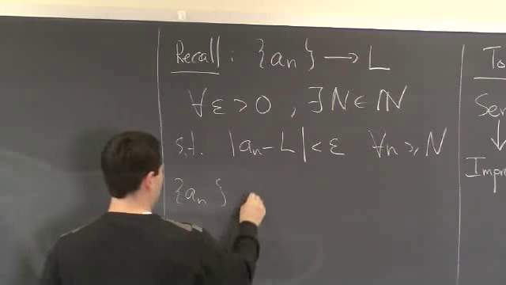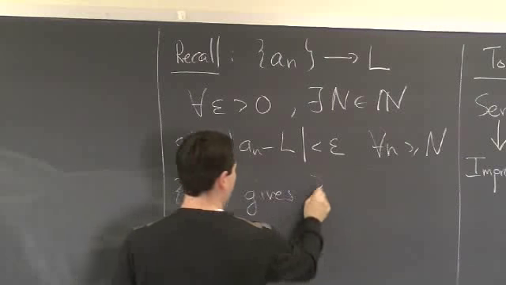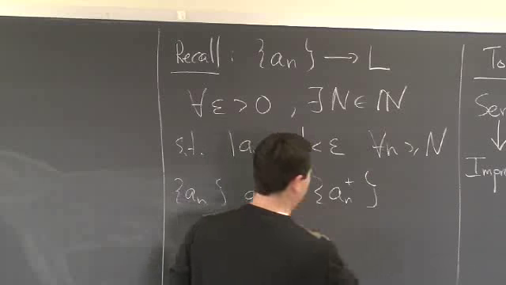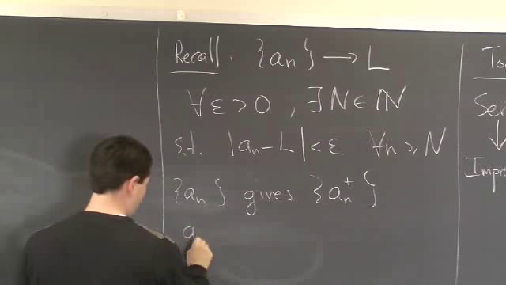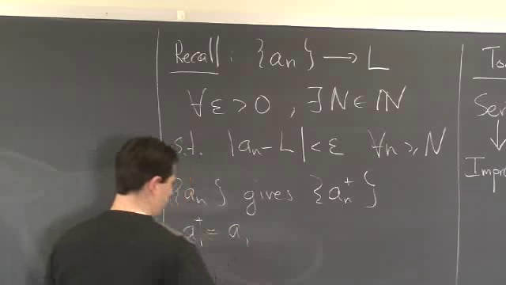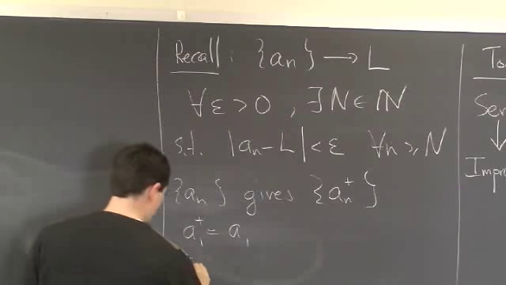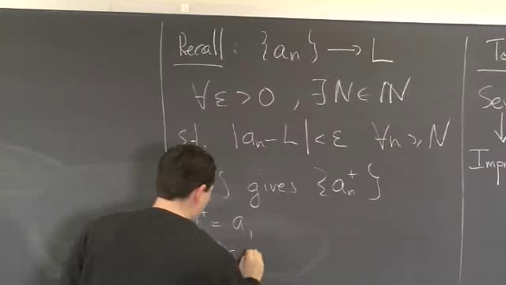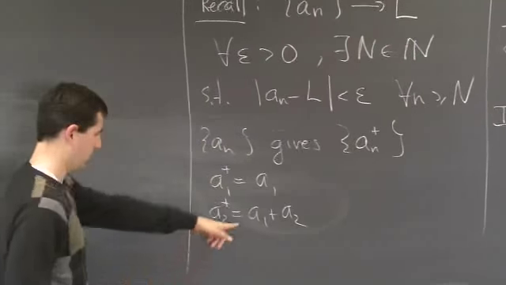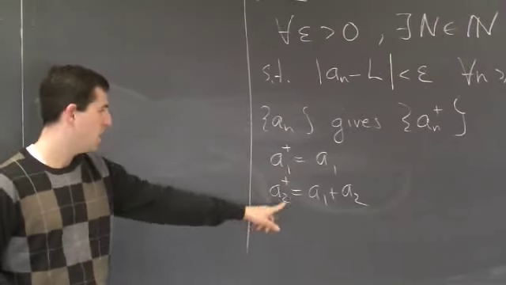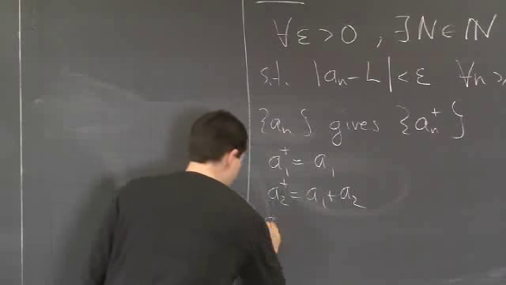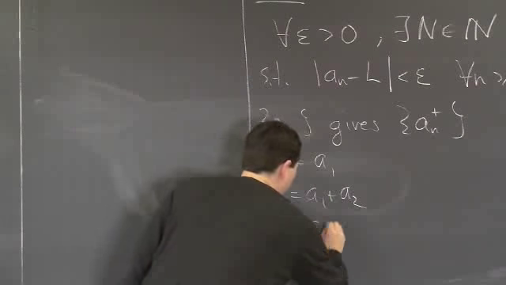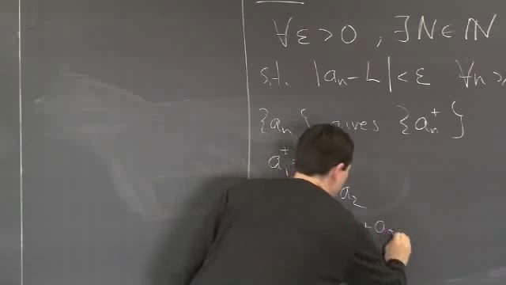So an gives an plus. And remember, in an plus, the first term is exactly the same. And after that, it starts to look like so. If you want to get a2 plus, you just add up all of the terms up to a2. a3 plus was a1 plus a2 plus a3.